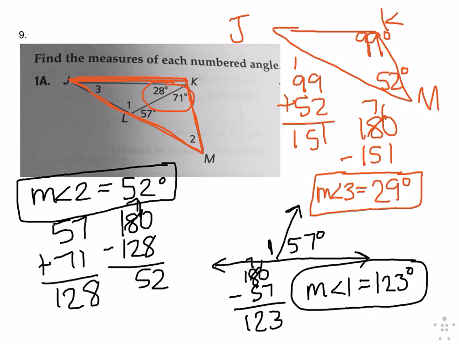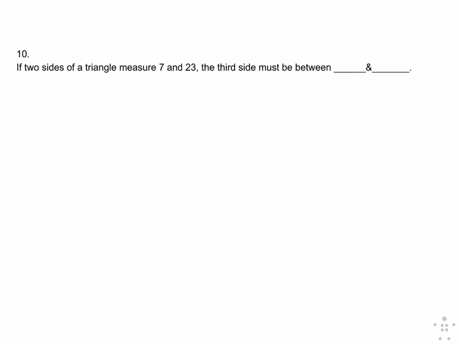Okay, last question, number 10. If two sides of a triangle measure 7 and 23, the third side must be between what two numbers? Okay, so whenever you're creating a triangle, let's say that there's 3 things that could happen.